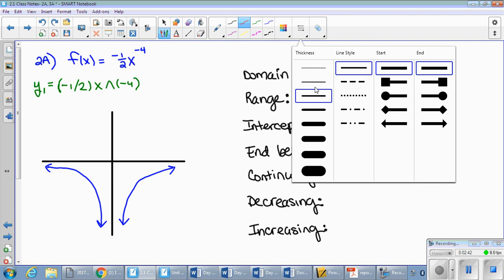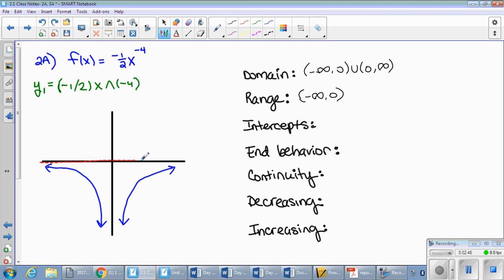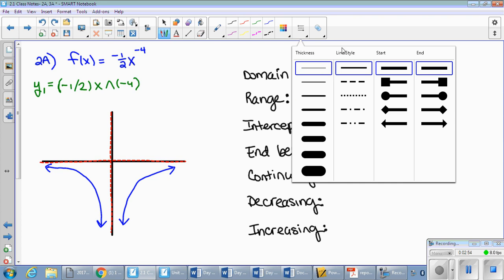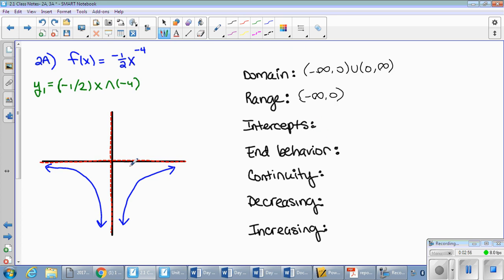I have asymptotes on the x and y axes. So if you want to draw those in as dotted lines, feel free. What that means is, does this graph ever cross the x or y axis? No. Right? There are none, or if you prefer, does not exist.